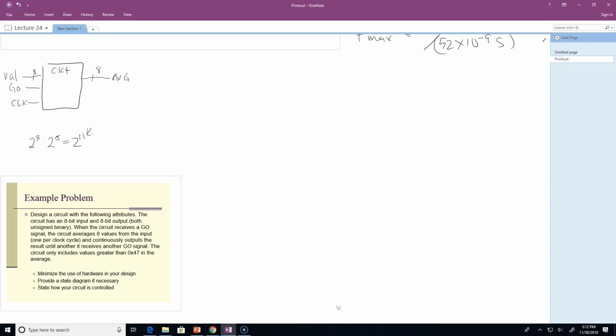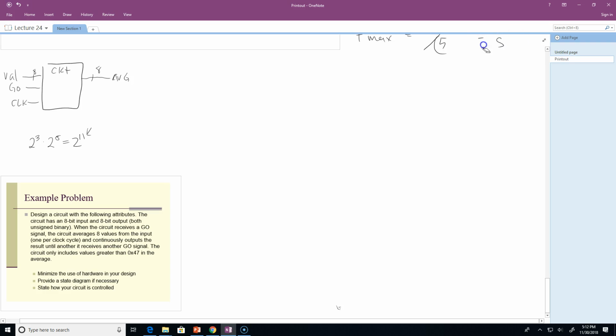So in the end, I've got an accumulator, a shift register based accumulator, which comprises a ripple carry adder and a shift register. I've got a counter, I've got a comparator, and I have a state machine as well. So I think we're ready to write those down.